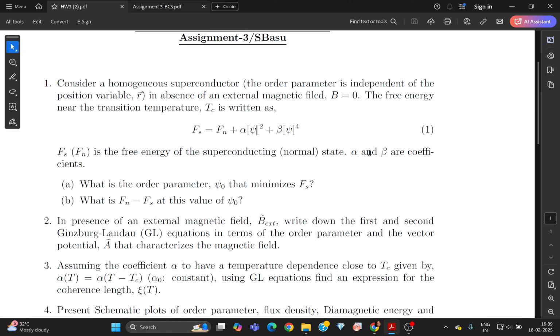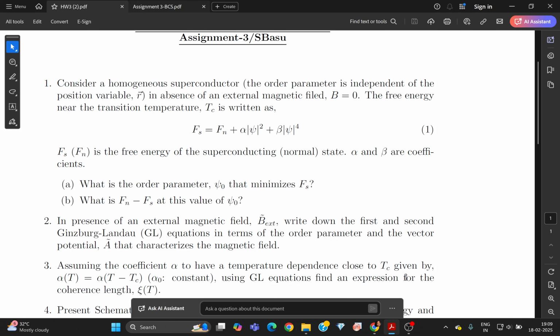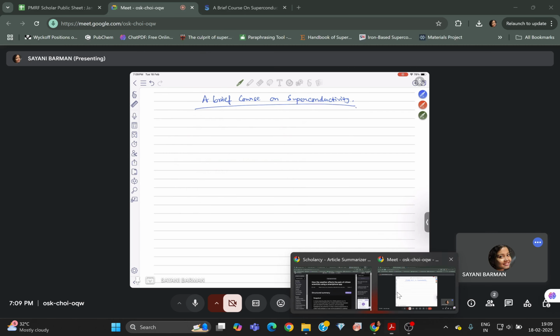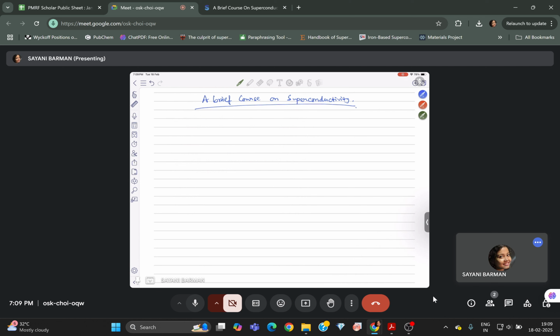Okay. So the free energy in the superconducting state is given by this. This is question number one.